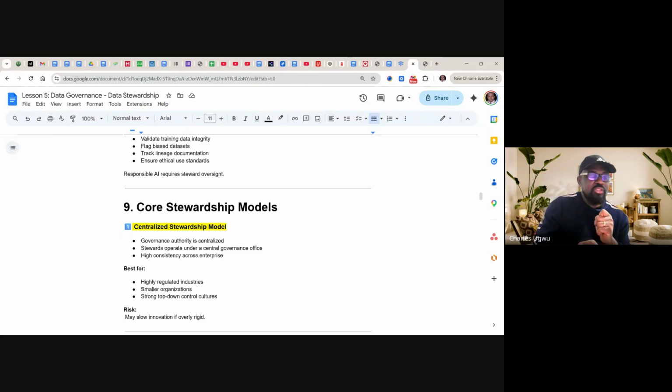So data is in a central environment and is distributed from the center. It's built for highly regulated industries, smaller organizations, and top-down structure. It means that data cannot be distributed. Everyone having data must connect to the center. Everything must be connected to the center, not distributed.